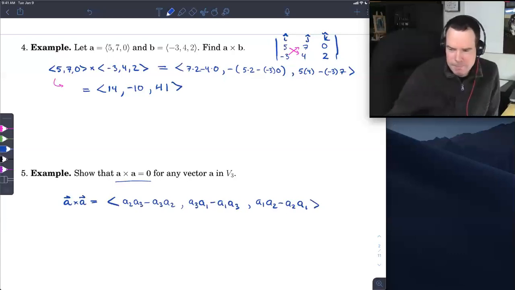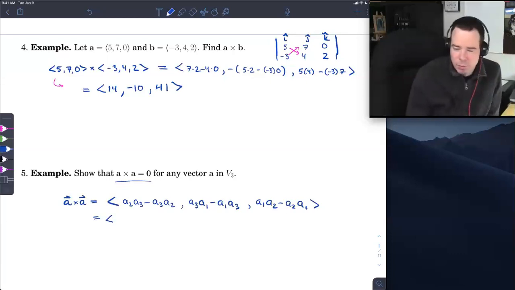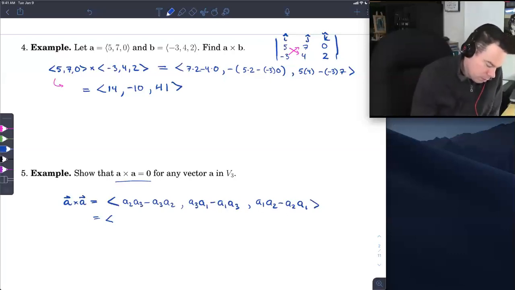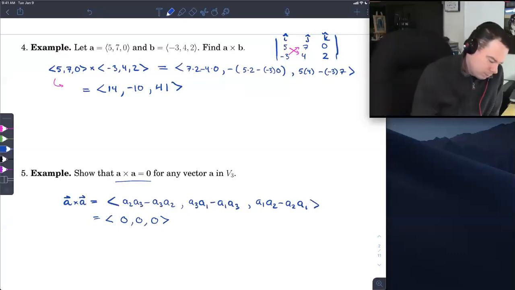And we see that this is just going to be a bunch of zeros because all we're doing is taking a product and subtracting off the product in the opposite order. And this is just products of real numbers. Real number multiplication is commutative, so this is 0, 0, and 0. When you read an expression like that, so I show that A cross A is 0, we should keep in mind that we know these are vectors already.